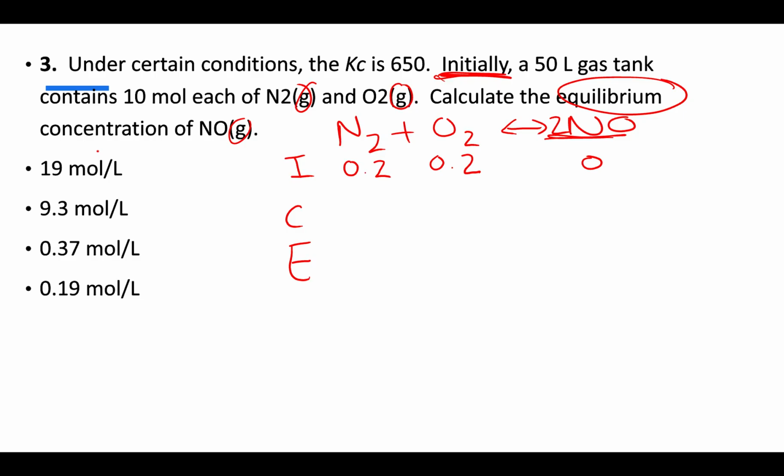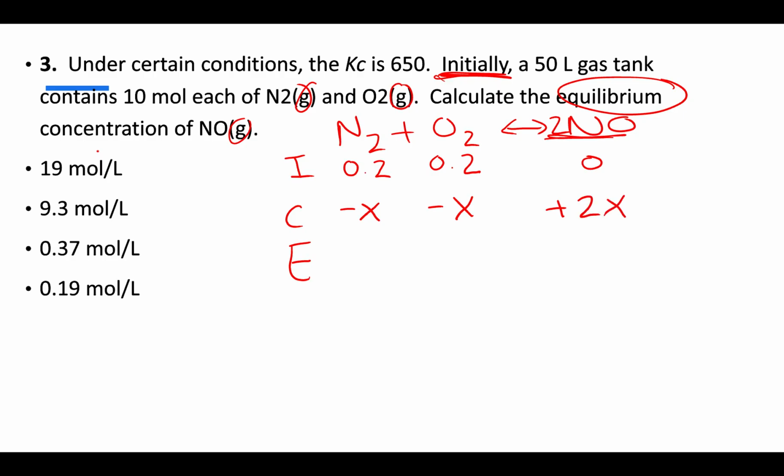Concentration is directly related to how it's going to change, whether increasing or decreasing, based on that mole ratio. So you can say the change is X, but here N2 has a 1 in front, so we would say minus X because reactants get used up, and O2 minus X. And then the NO product gets formed, so we're going to add 2X.